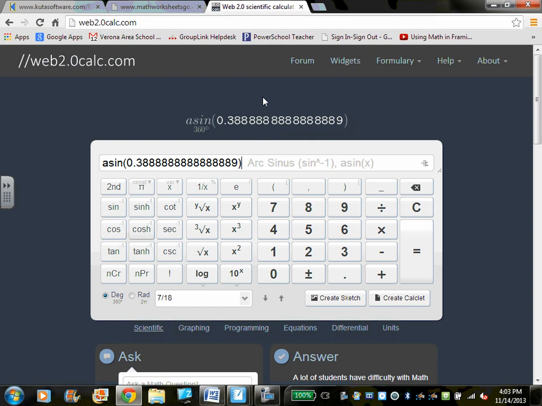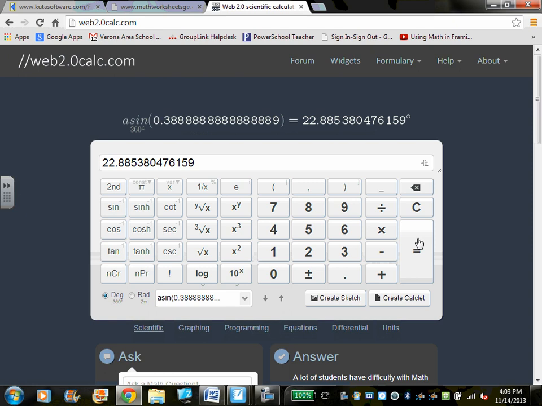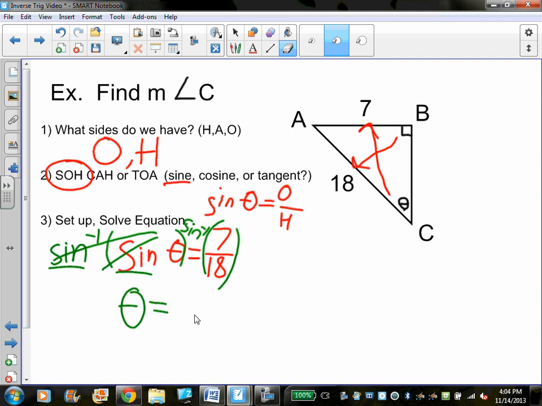Other ones you've got to do in a different order. But your goal is to get the inverse sine of 7 divided by 18, which is about 0.39. Make sure your calculator is in degrees. You get about 22.89, and that would be our answer for that one. That's how many degrees this angle is. 22.89.